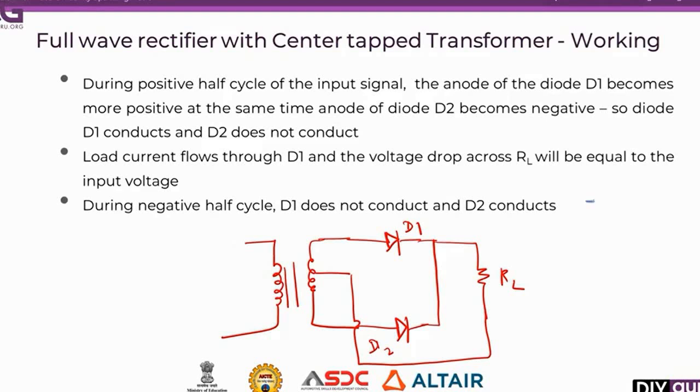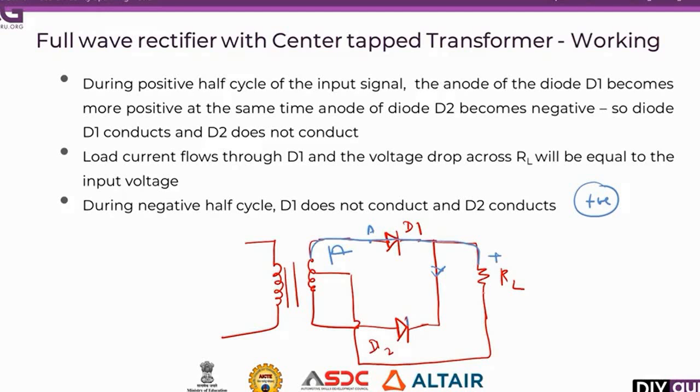See, I will draw the positive half cycle in blue color. So during positive half cycle, here you will be having positive. This diode D1 is forward biased because the anode of diode D1 is more positive. So current from this transformer will flow in this direction and it flows through the positive of the load. This will not allow current in this direction, because here we have cathode.